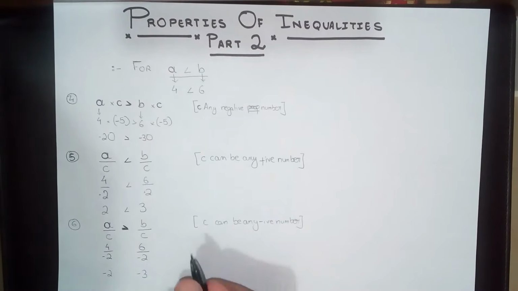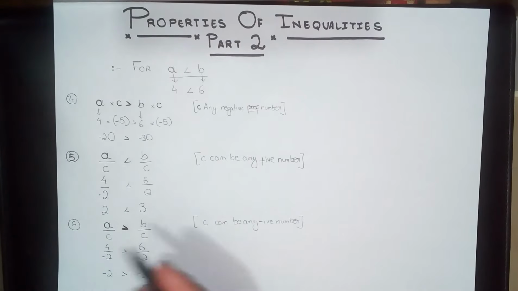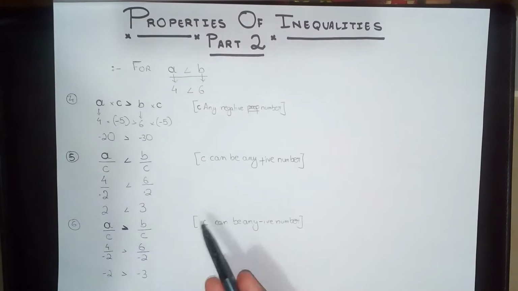Now -2 is actually greater than -3, because when you are moving on the number line on the negative side, the closer the number is to 0, the bigger it is. -2 is greater than -3.